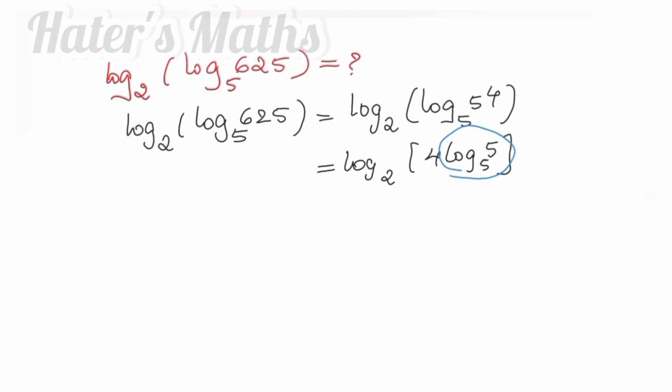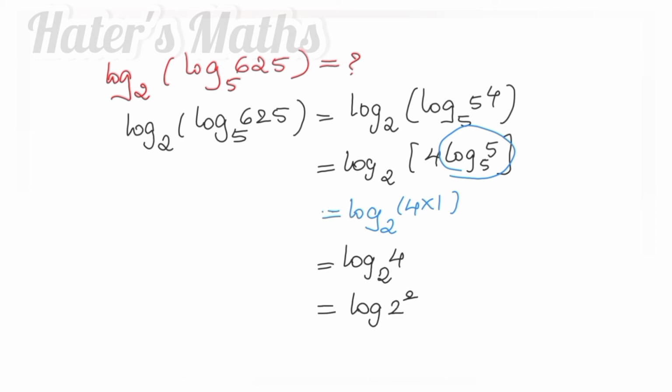So log to the base 2 of 4 into 1, that is equal to log 4 to the base 2. And log 4 to the base 2 means log 2 square to the base 2, which is equal to 2 log 2 to the base 2, which is 2 into 1, that is equal to 2.